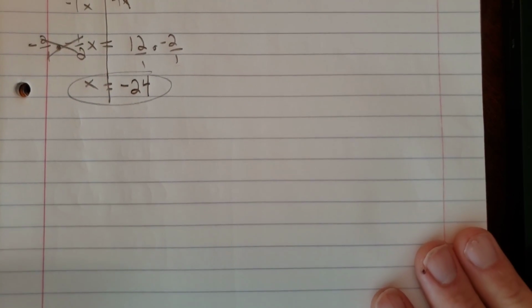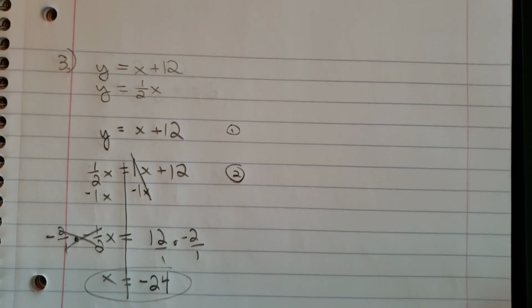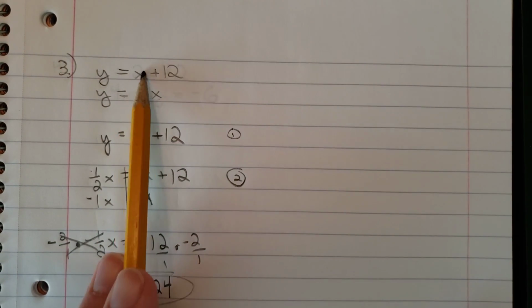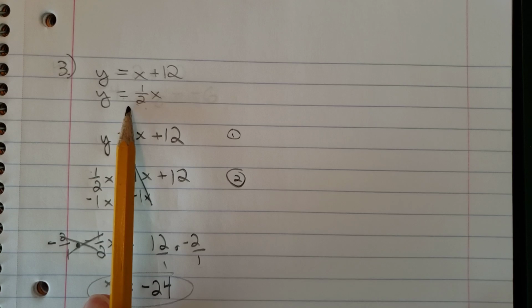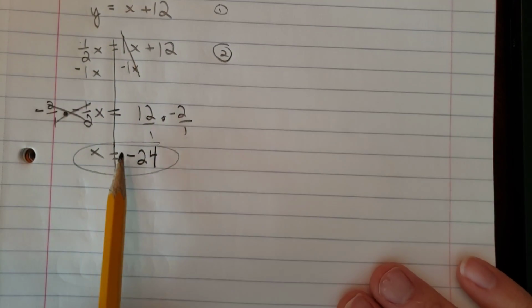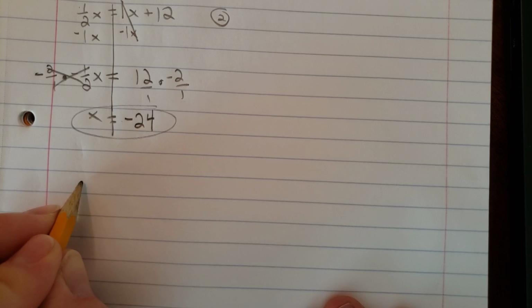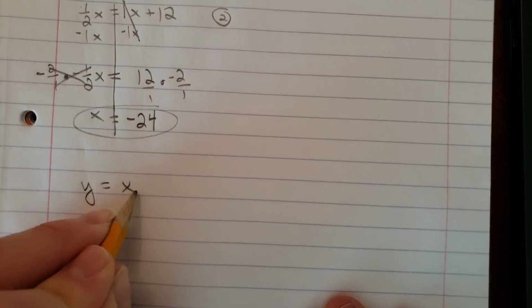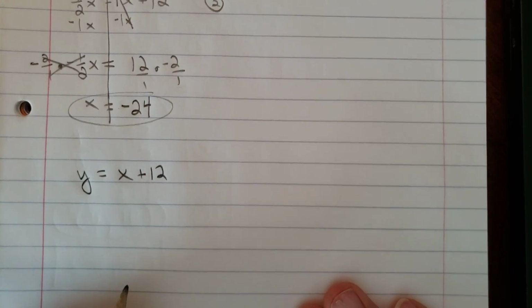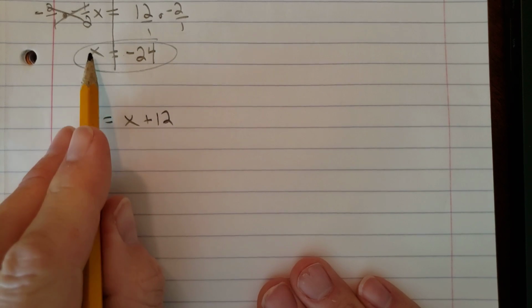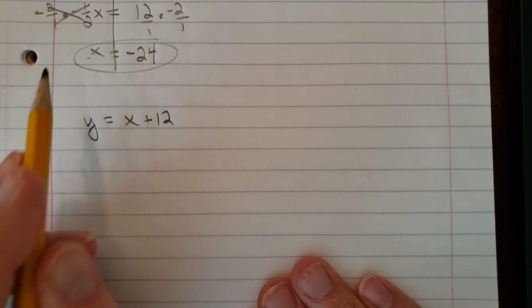So now we have to do our second substitution. We go up here and choose one of these original equations, and we're going to substitute in the partial answer we just got. I've been just using that first equation, so that's x plus 12. We have to substitute in negative 24 for x.